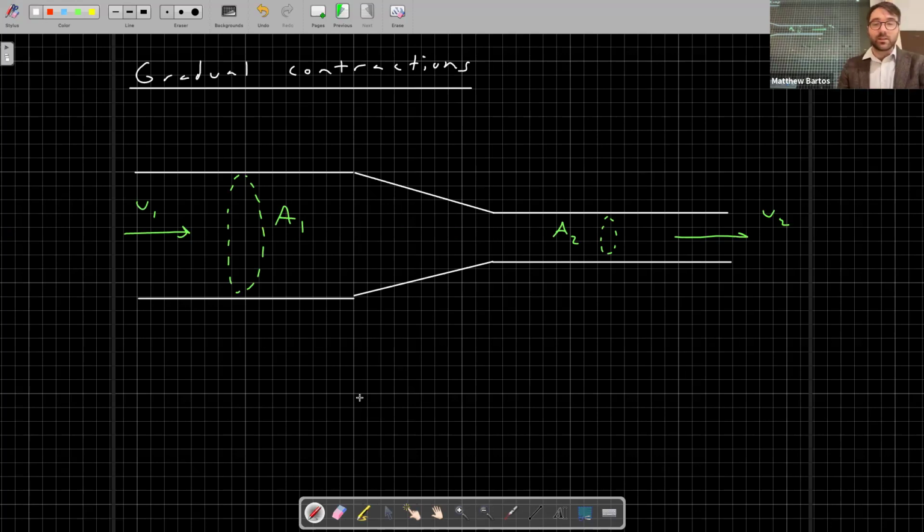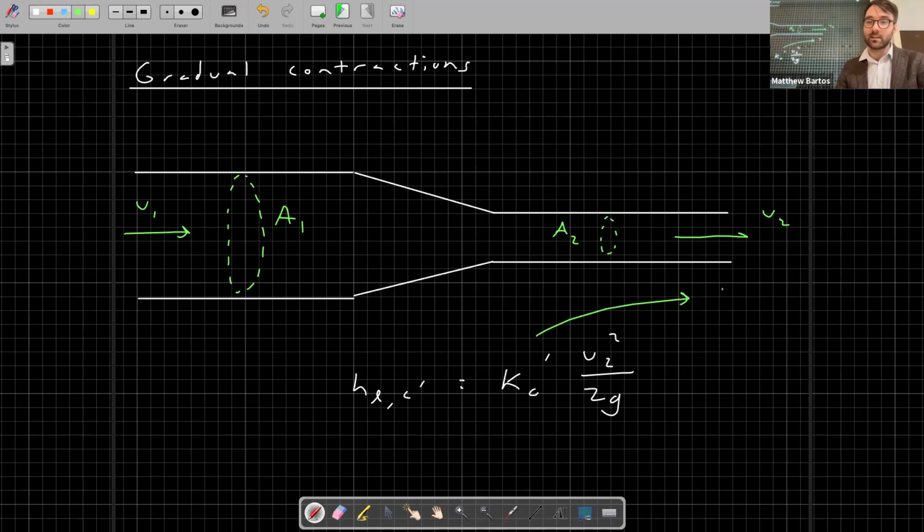So our general equation for the minor losses in this gradual contraction will be of the form h little l, and then I'll call it c prime. And this will be equal to some coefficient kc prime times, again, u2 squared over 2g, where the coefficient kc prime depends on the same quantities as earlier.